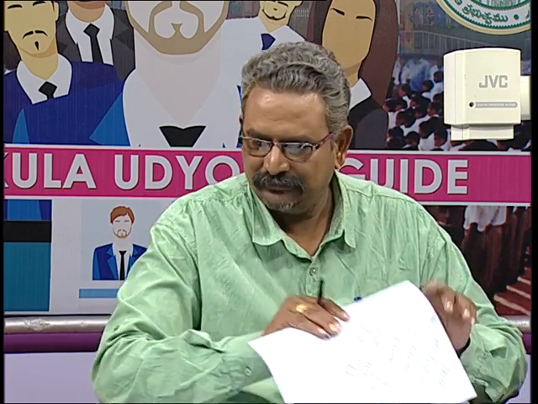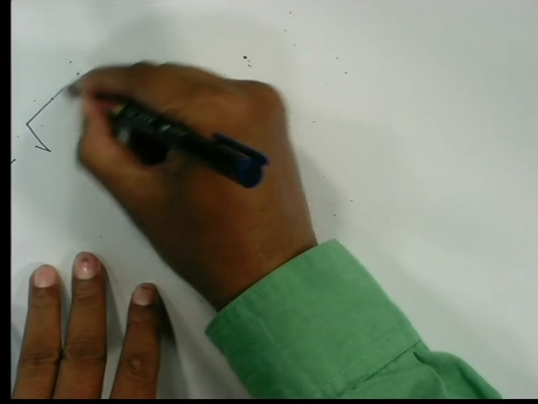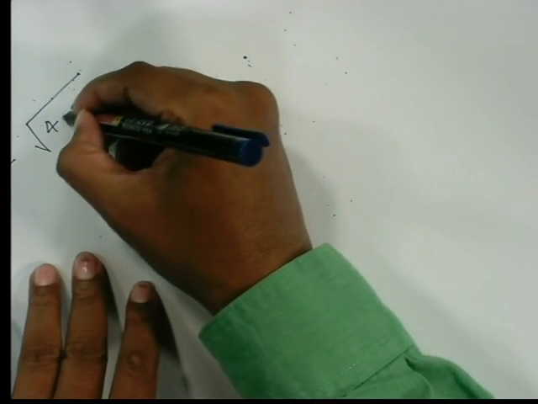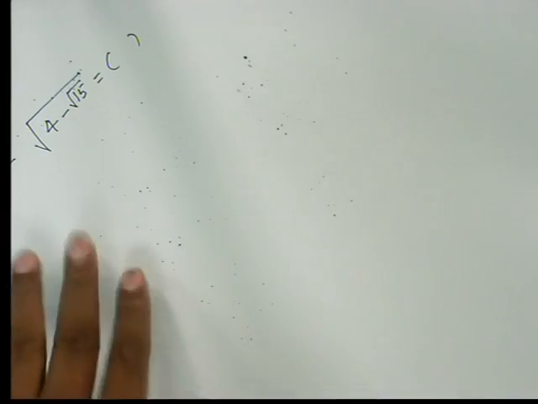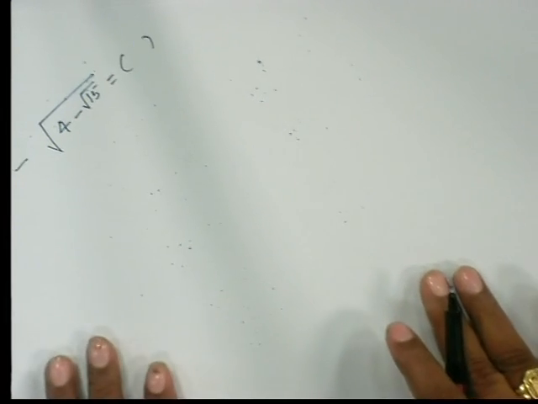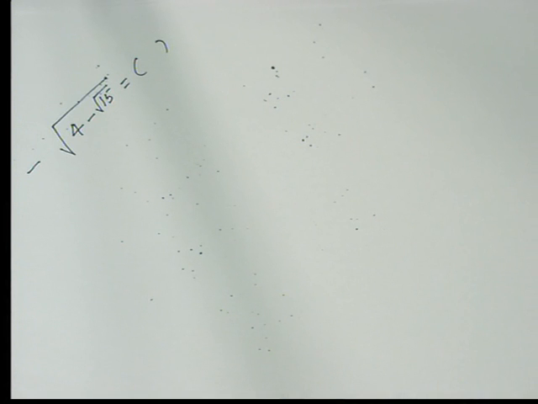Now, in a similar manner, let us do one more problem on square roots: square root of 4 minus root 15. Let us find out the square root of 4 minus root 15.